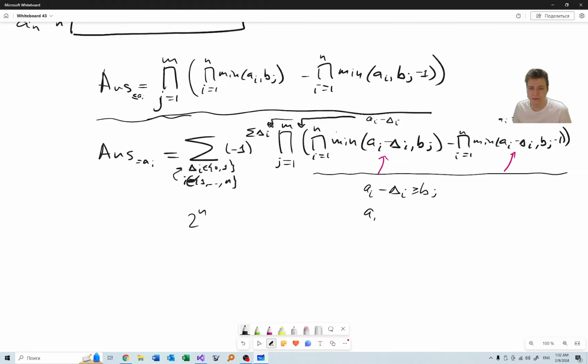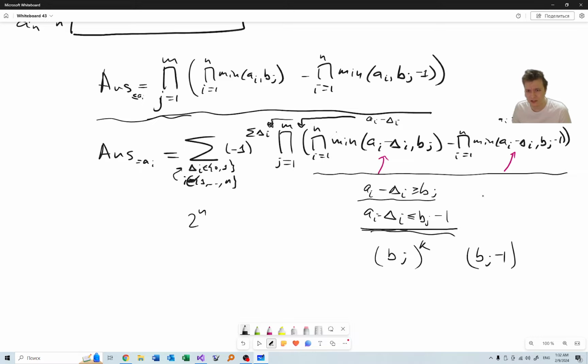Moreover, if ai minus delta i is at most bj minus 1, then it is simply bj and bj minus 1 here. So there are actually two types of numbers: when it is at least bj and when it is at most bj minus 1. And for the second case, it will be simply some power of this number minus some power of this number.